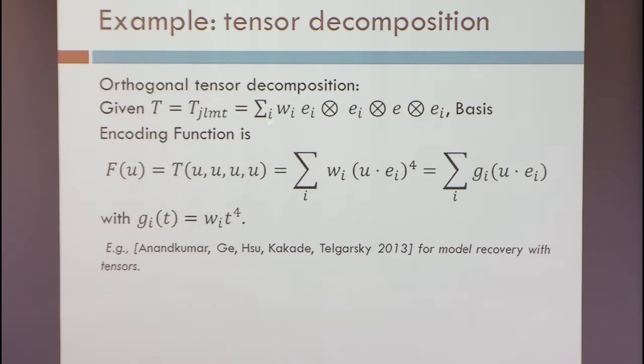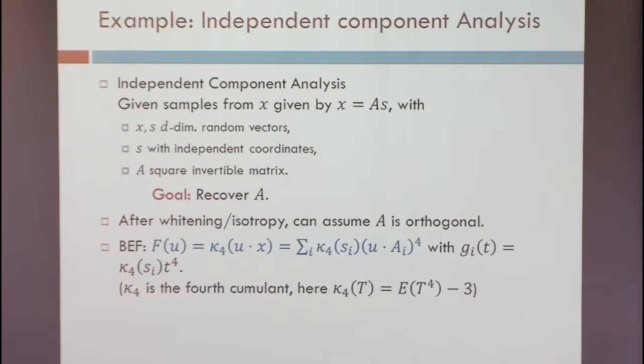Basically, if you have a certain kind of tensor, this rather special tensor, you can also write it in terms of a basis encoding function, and what you get is f of u equal to the sum of g_i applied to the inner product of u with e_i, with the g_i's being t to the 4. So the diagonal tensor decomposition is a special case of this BEF.